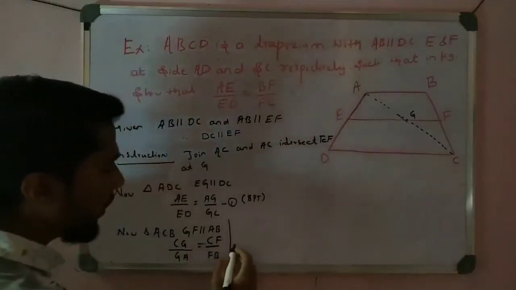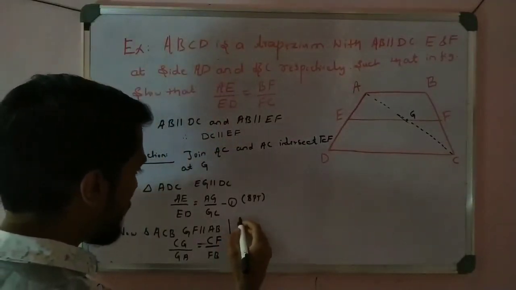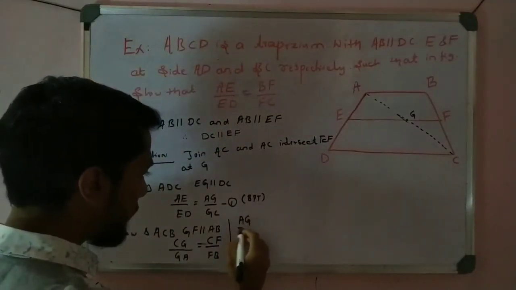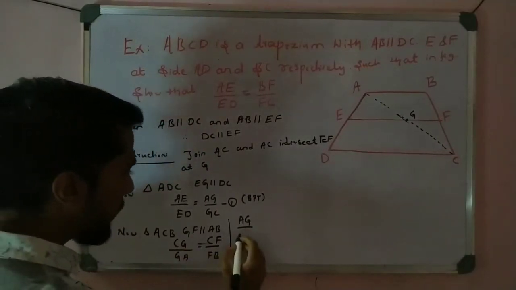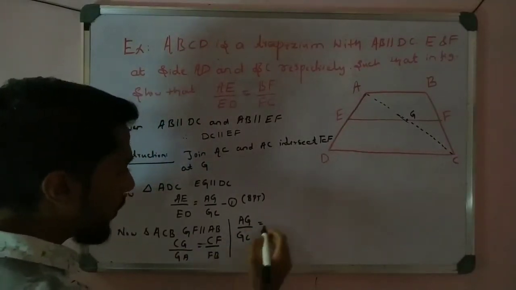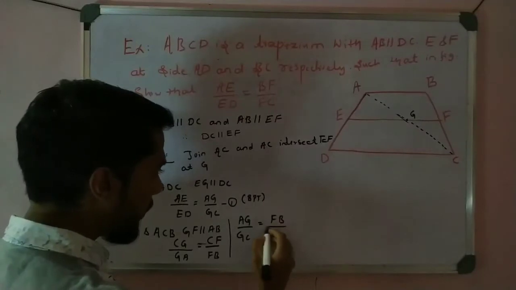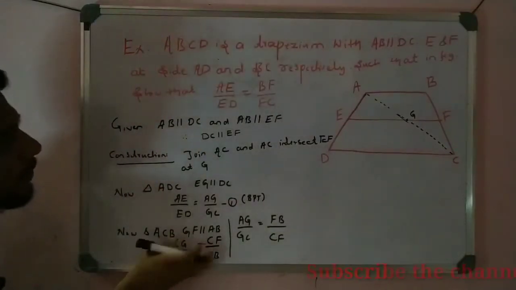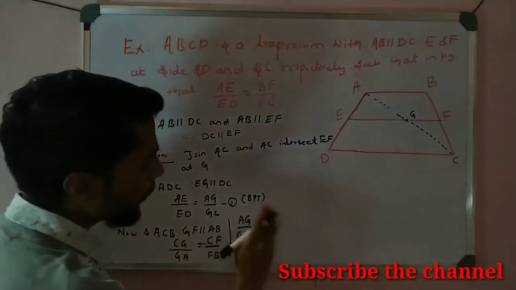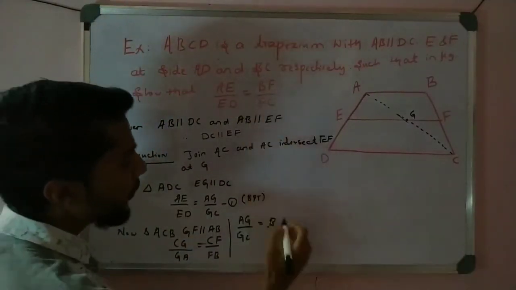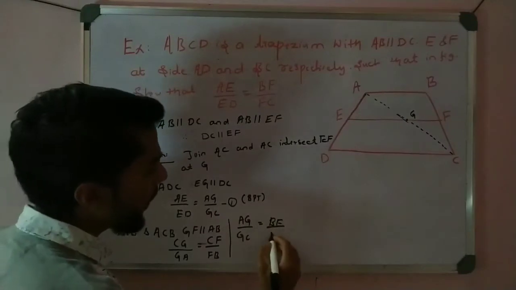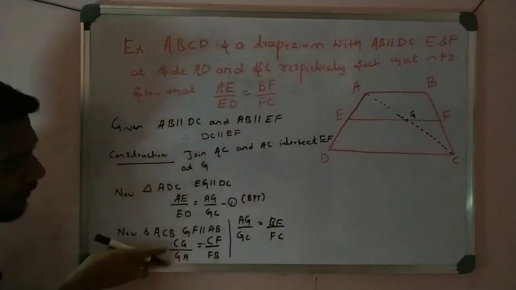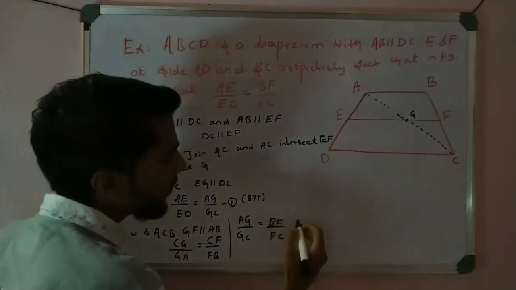Now make it reciprocal: AG divided by CG is equal to BF divided by CF. I can make it reciprocal, and for BF, because of the proof, I can interchange it to BF by FC. So I make the reciprocal.